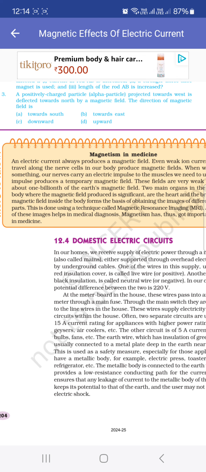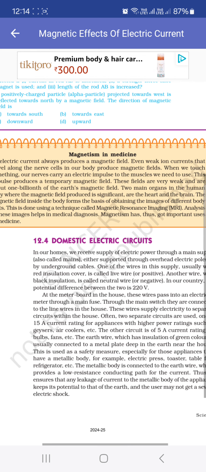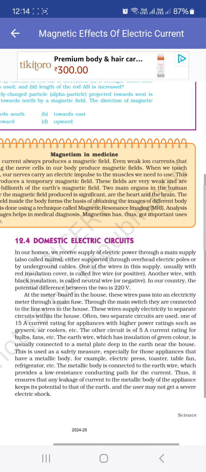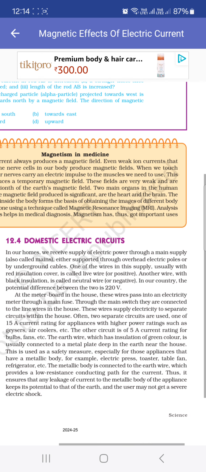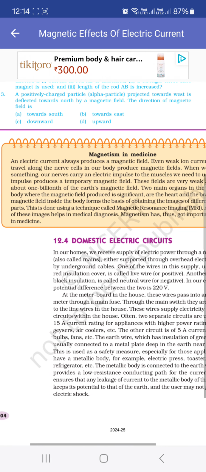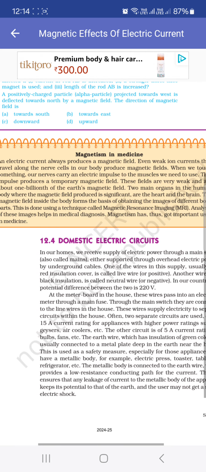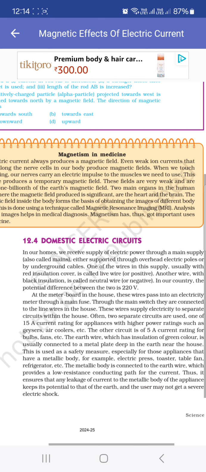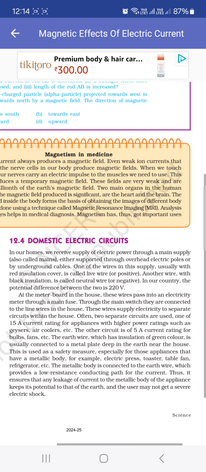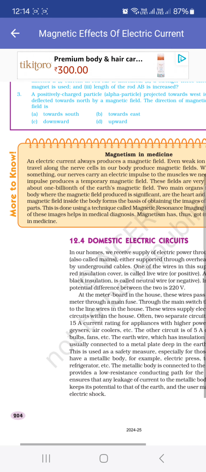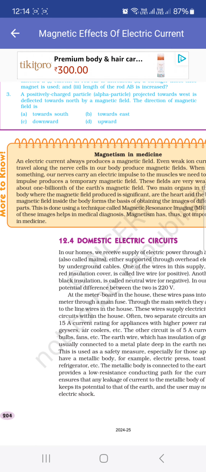This is done using a technique called magnetic resonance imaging, MRI. Analysis of these images helps in medical diagnosis. Magnetism has thus got important uses in medicine.